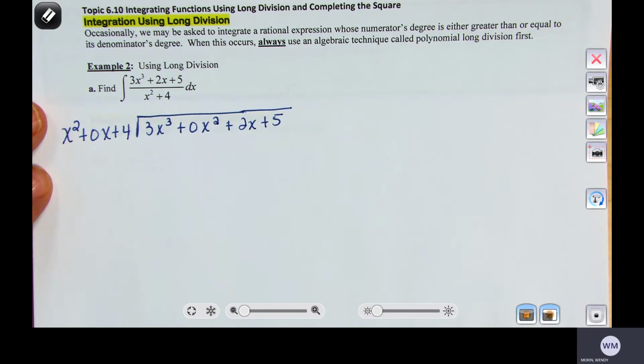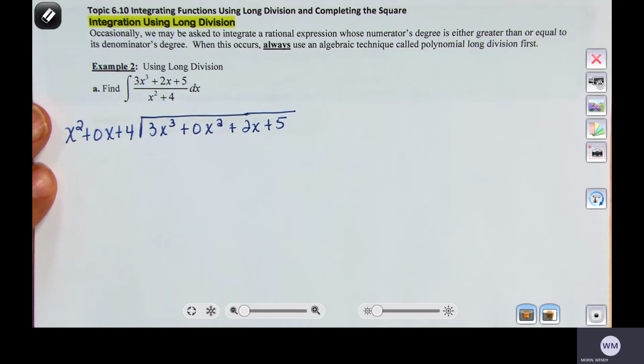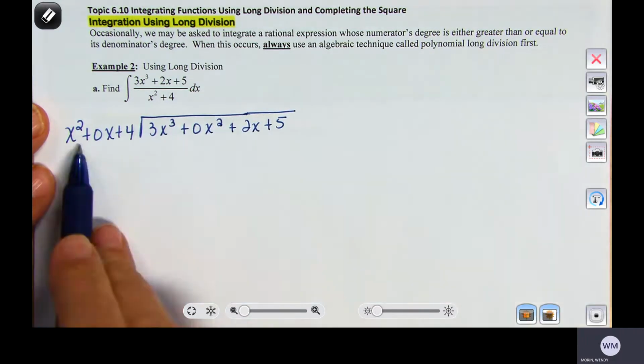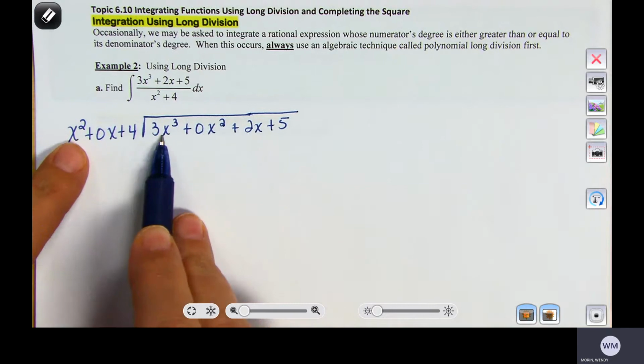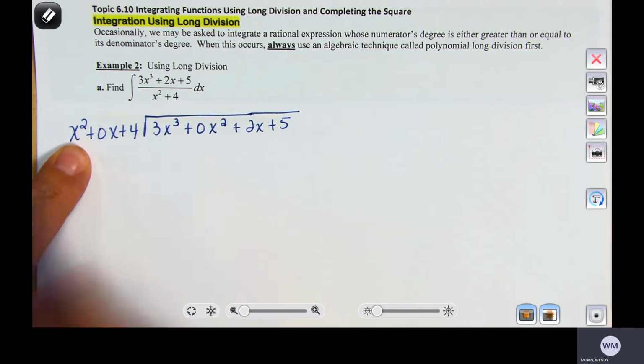All right. So now what? Well, we are dividing 3 terms into 3 terms here, but you only look at the first ones. X squared into 3x cubed.